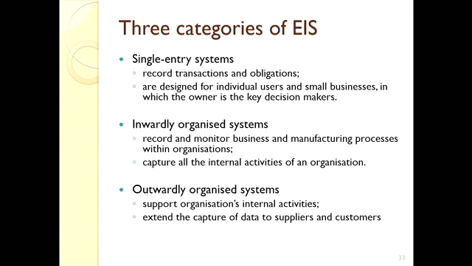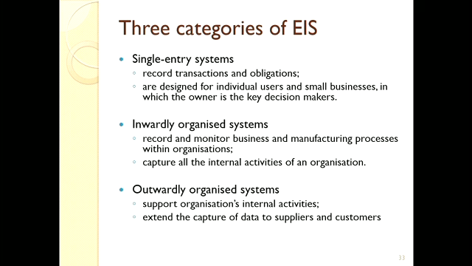The next level of enterprise information system is the inwardly organized system. Compared to the single entry system, this second type of system helps connect different departments of the company. Yes, it can do the transaction job, but more importantly, it can connect the transactions from 2 different departments, like connecting the sales department with the accounting department.